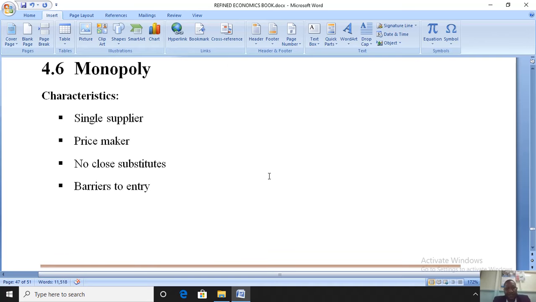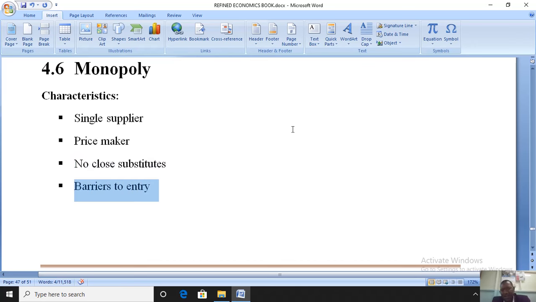The characteristics of monopoly are that under the monopoly market structure, we only have one single supplier, and that particular firm is a price maker. So the firm increases or reduces the prices for it to be able to increase its demand levels. There are no close substitutes for the product that is produced, so the product is quite unique under monopoly, and there are strong barriers to entry under monopoly.